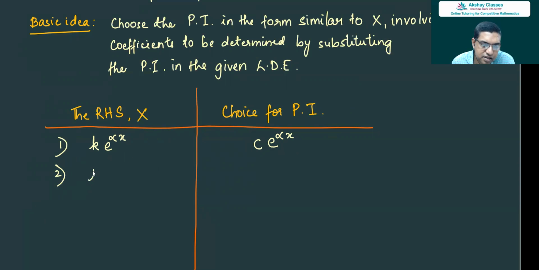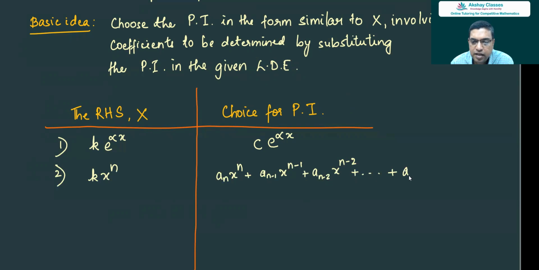Next, if it is k times x power n on the RHS, then the particular integral will be of the form of a polynomial: a_n x to the power n plus a_(n-1) x to the power n minus 1 plus a_(n-2) x to the power n minus 2 and so on, up to a1 x plus a naught. So the choice of this PI will be this one.